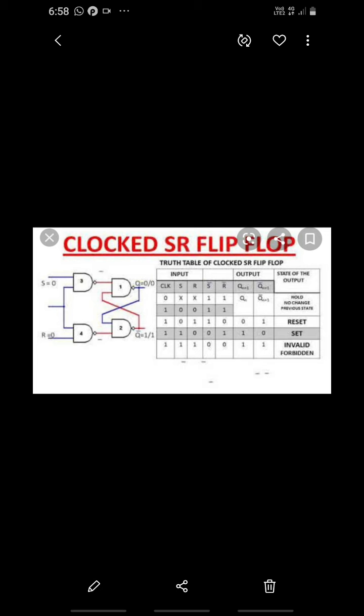Due to this, the latch will not change its output state, that is Q is equal to Q naught. If S is equal to 0 and R is equal to 1, then S bar is equal to 1 and R bar is equal to 0. With these inputs, the latch is reset to 0 irrespective of its previous state.